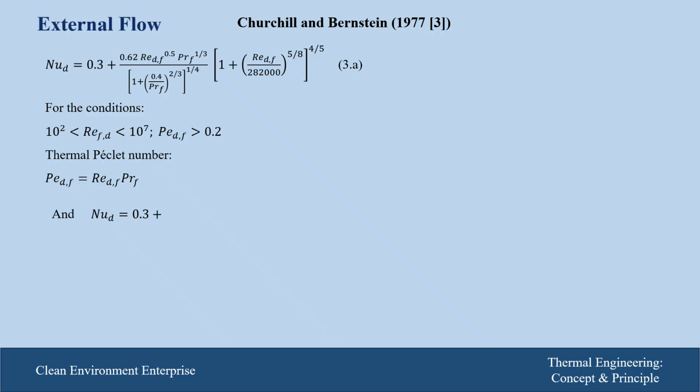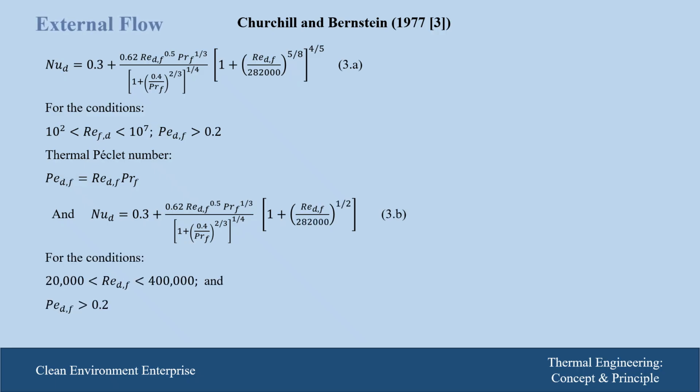And he gave us another correlation to be more specific in the range of Reynolds number, as shown in equation 3b, and it is applicable for Reynolds number greater than 20,000 and less than 400,000, and Peclet number greater than 0.2.